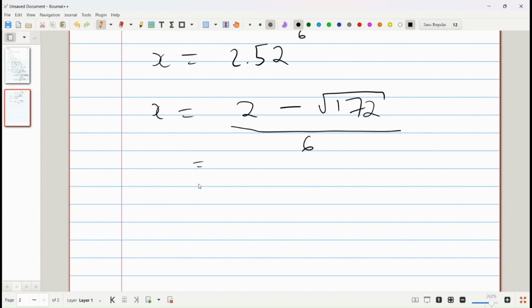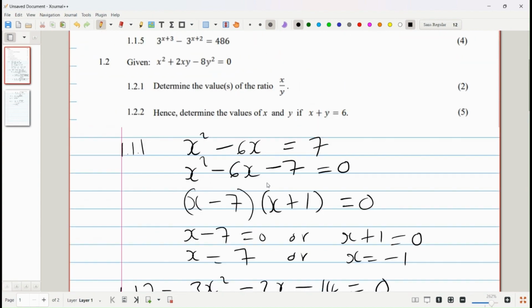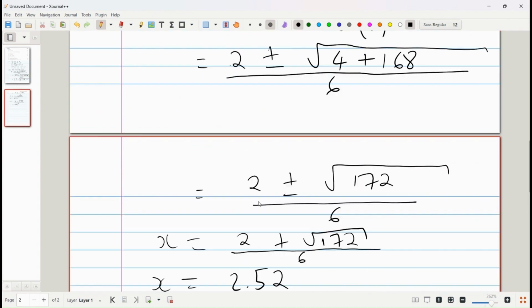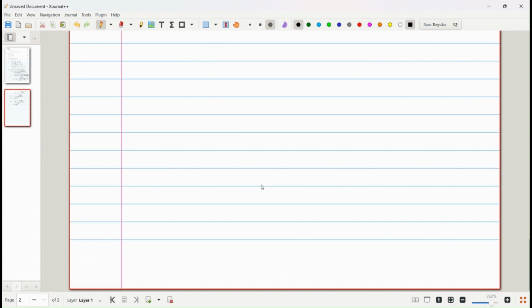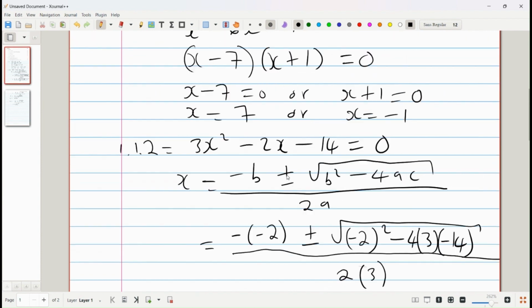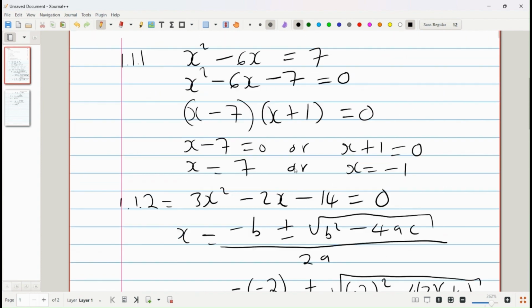So it will give you negative 185. So you are done solving the question here.